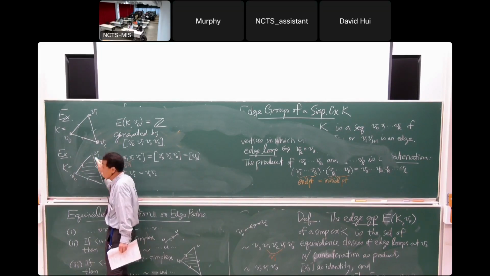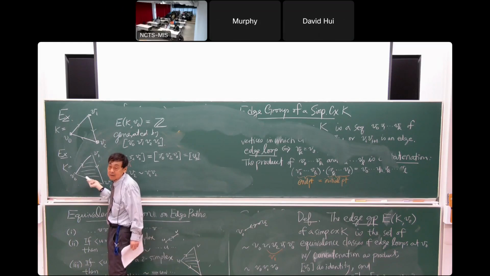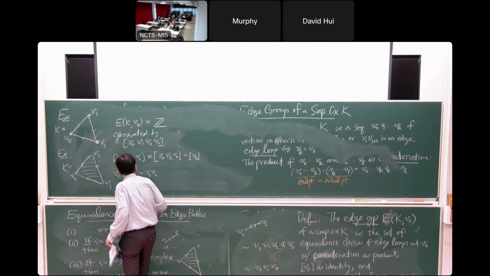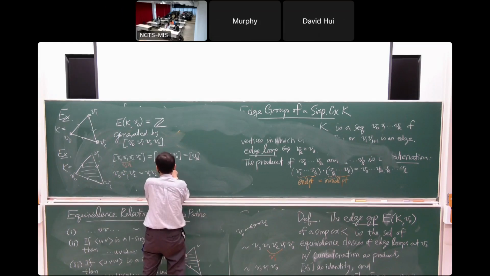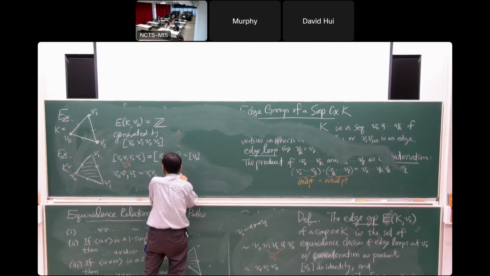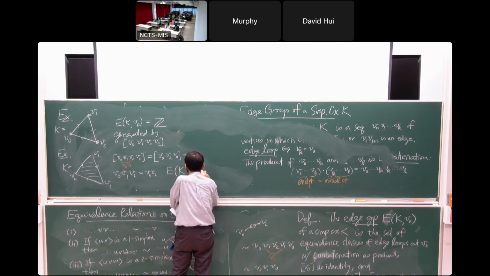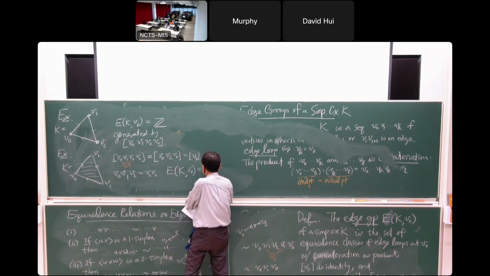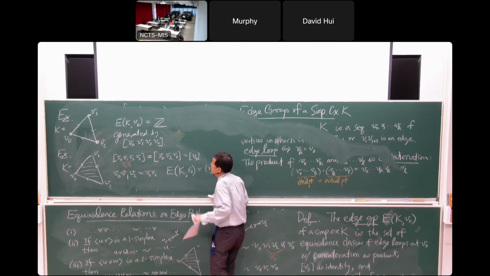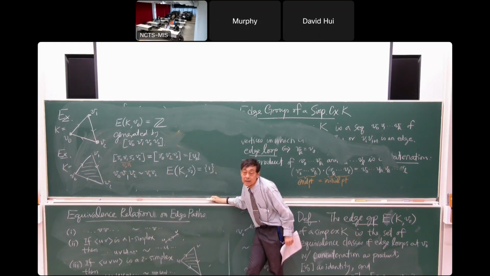You can go in the opposite direction, that's also the identity, and you go 3 times around, it's still the identity. So in this example, the edge group of K at V0 is just the identity. So it's trivial.